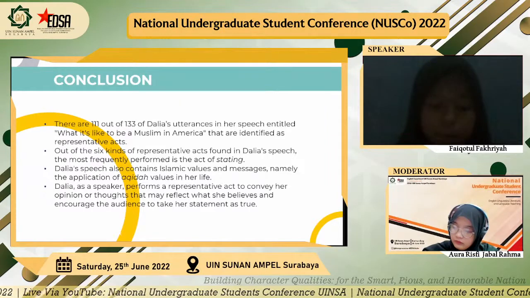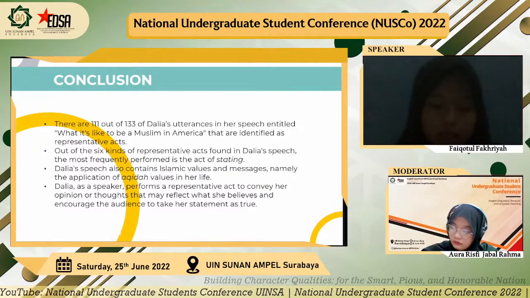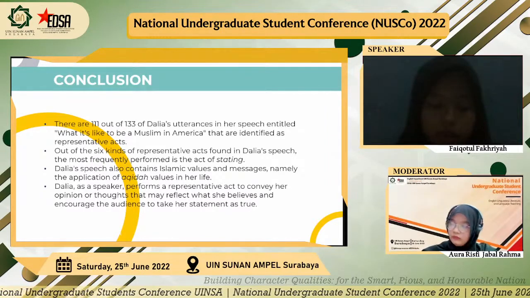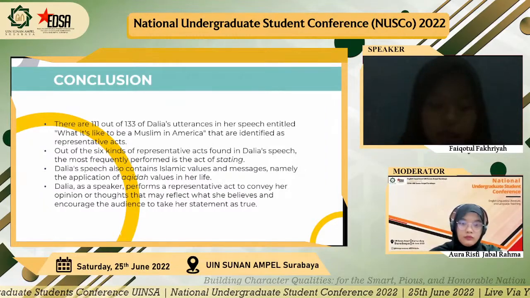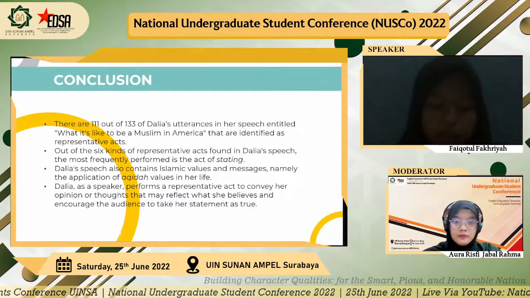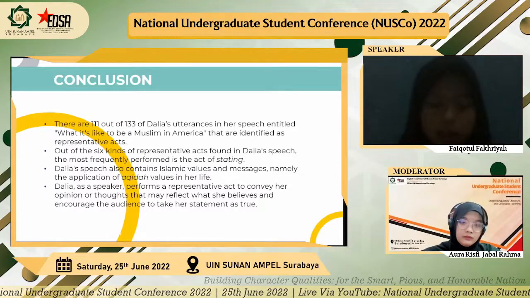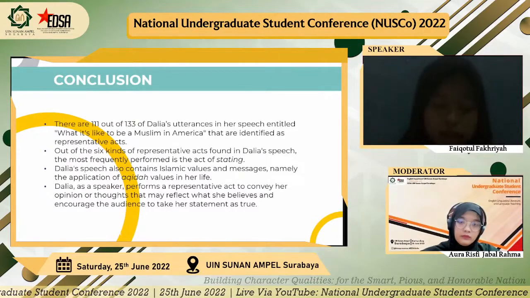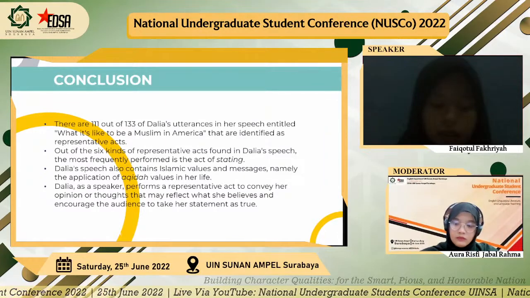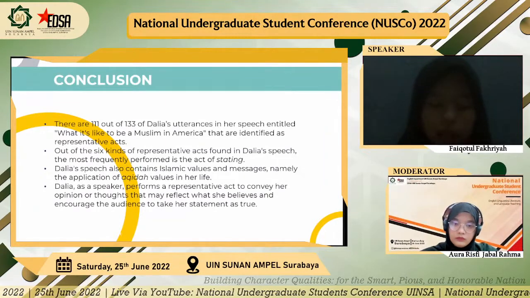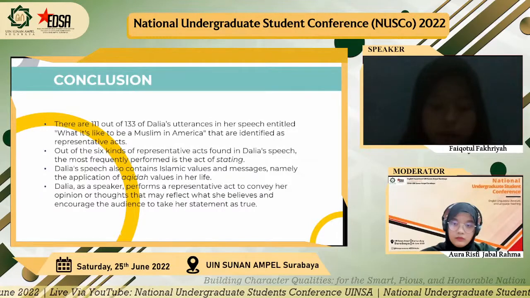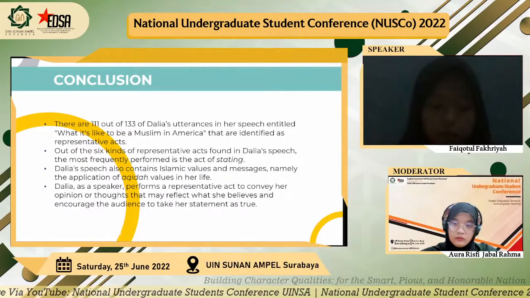In addition, Dalia's speech also contains Islamic values and messages, namely the application of Aqidah values in her life. As an American Muslim, Dalia's utterances imply that although a number of people and media give negative views of Islam, those views are certainly full of prejudice.